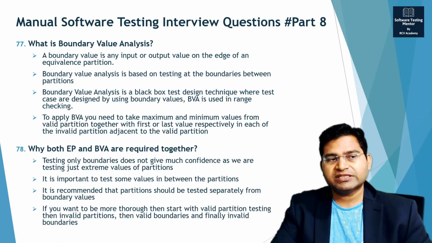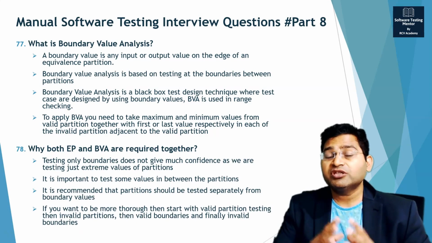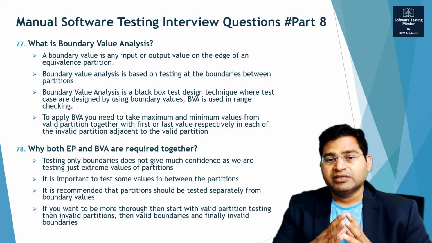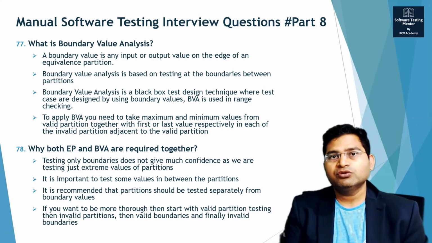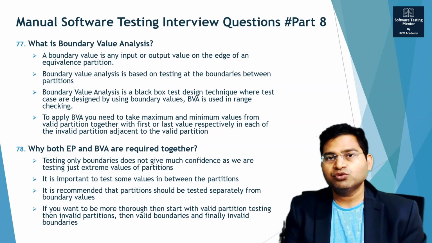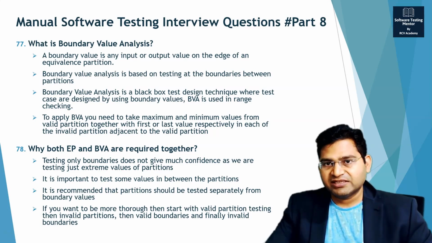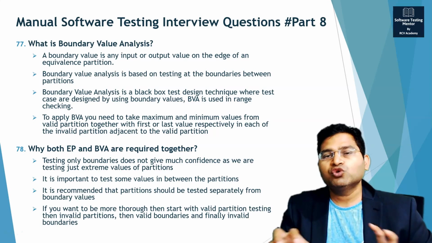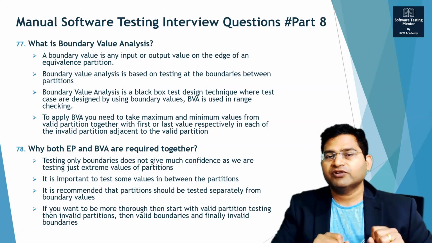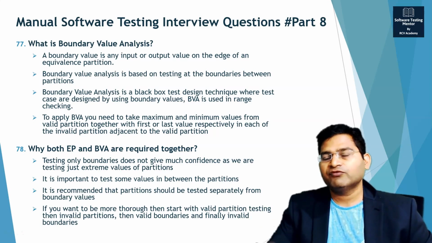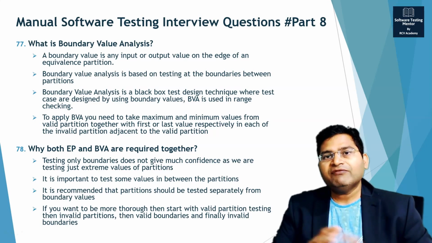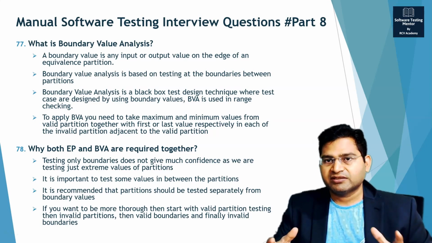Now the next question, which is the 78th question: why are both equivalence partition and boundary value analysis required together? The reason being, any one of these techniques doesn't provide you absolute full coverage, right? So you have created the partitions first, and then you pick a value within those partitions, say for example, one from valid partition, one from invalid, and one from upper invalid boundary. Now you haven't tested any of the boundaries as such, right?